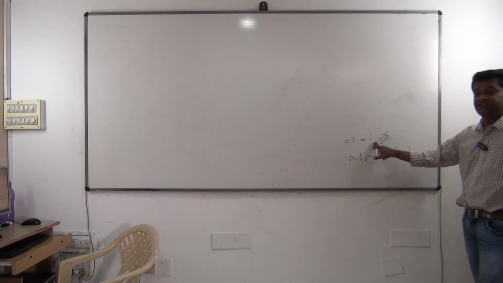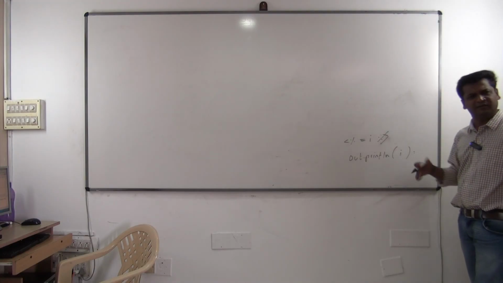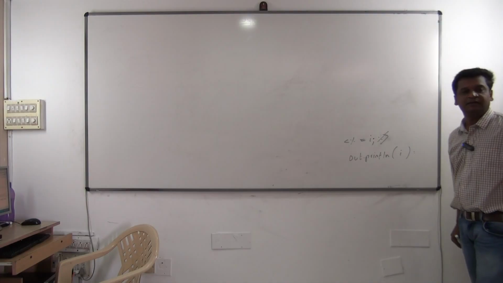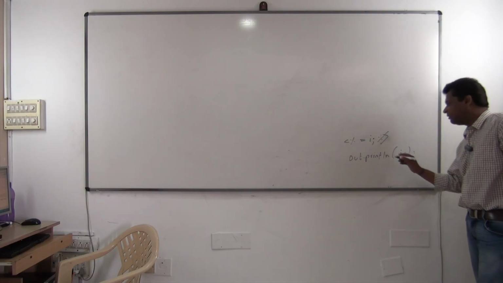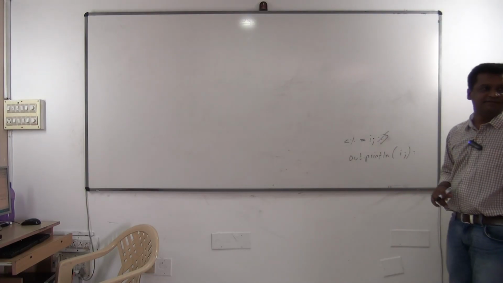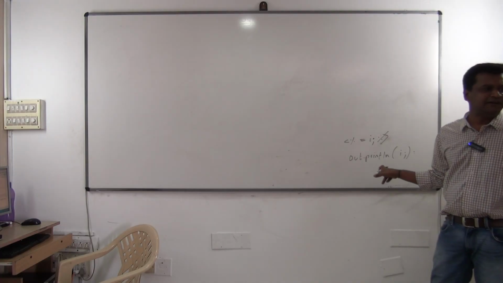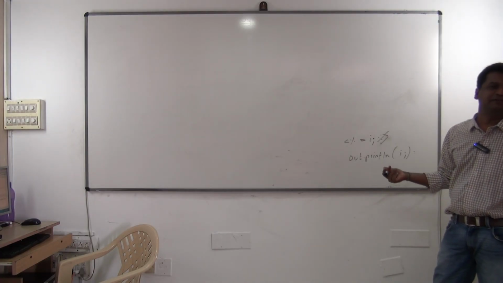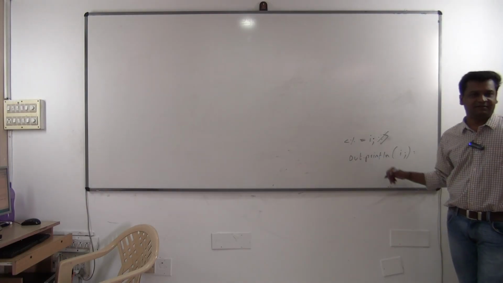If I write a semicolon here, this semicolon will come here. It will be taken as an argument and put here. And this is wrong Java syntax now. So I explained why you can't use a semicolon with an expression.